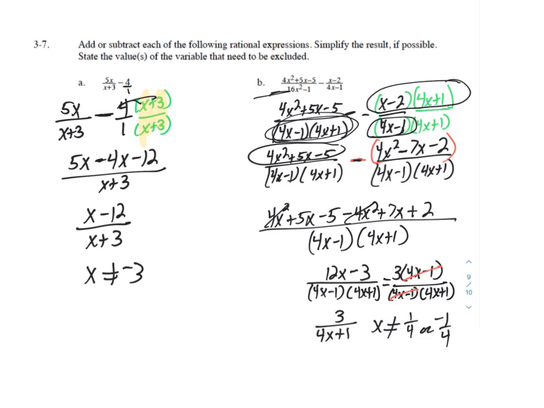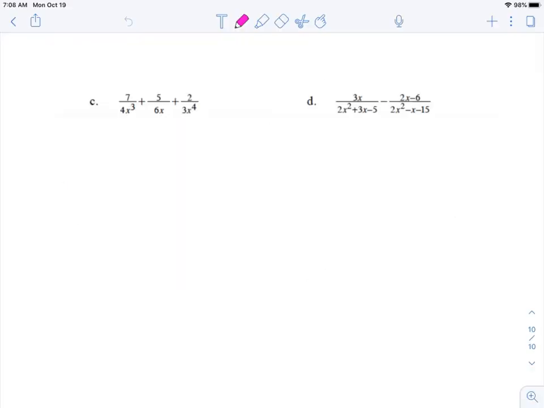So that became minus a 4x and minus a 12. So my numerator of my rational expression is going to be 5x minus 4x minus 12. The denominator, x plus 3. Combine your like terms, and you get x minus 12 over x plus 3, where x cannot equal a negative 3. Advance to the next slide.